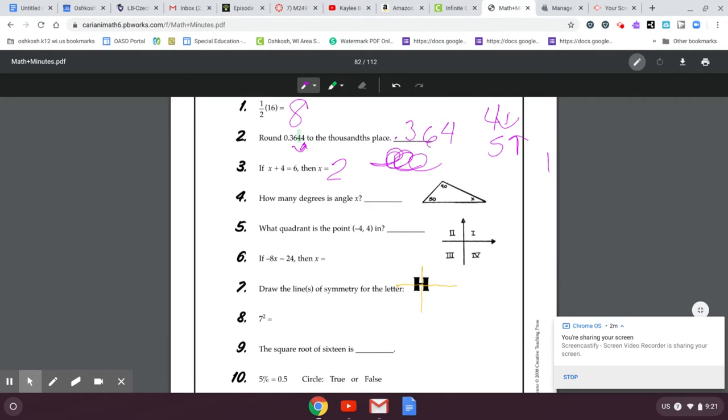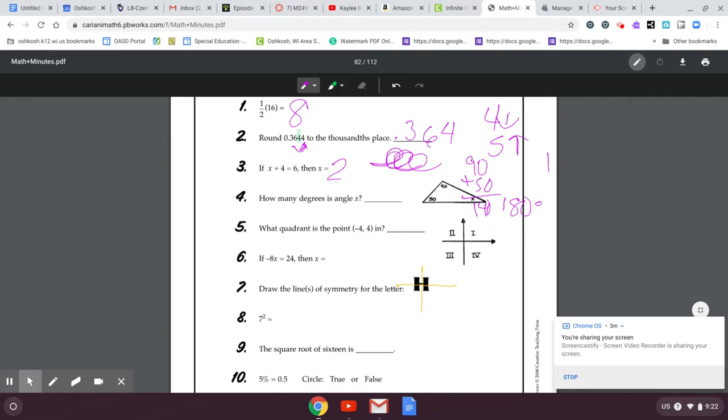So something that is important about angles of triangles, there's always 3 angles in a triangle, and they need to add up to be 180 degrees. So we have 90 degrees plus 50 degrees, and that's 140 degrees. So 140 plus what is 180?